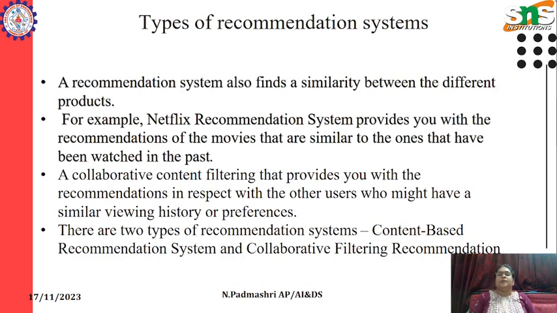Now there are different types of recommendation system. We'll see the recommendation system which also finds the similarity between products. We must have experienced this while purchasing items on Amazon, Flipkart, etc. If we are interested in healthy foods and we purchase healthy food one time, that will be saved in the user's wish list, and every time we are about to browse something for placing an order, we will get suggestions for different items.